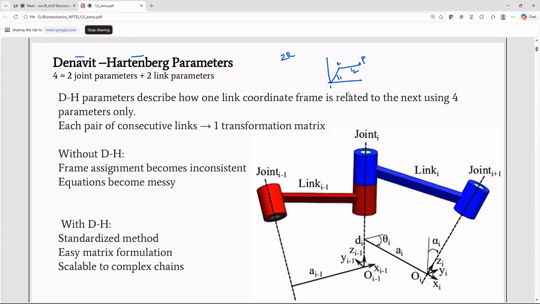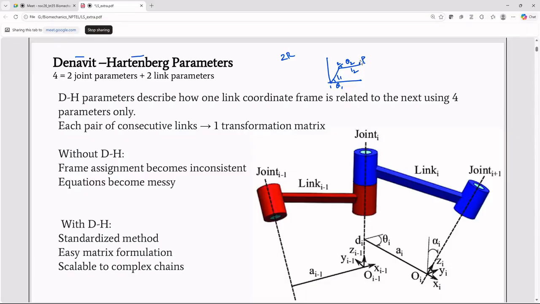According to the position of L1 and L2, the position of P will be some relation: L1 cos of this angle and L2 cos of the next angle, theta 1, theta 2. This we have seen in our previous sessions.